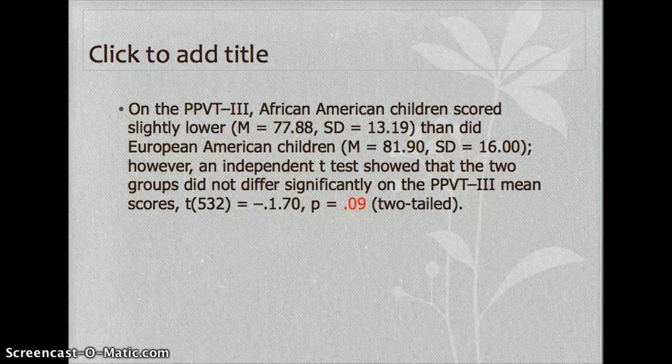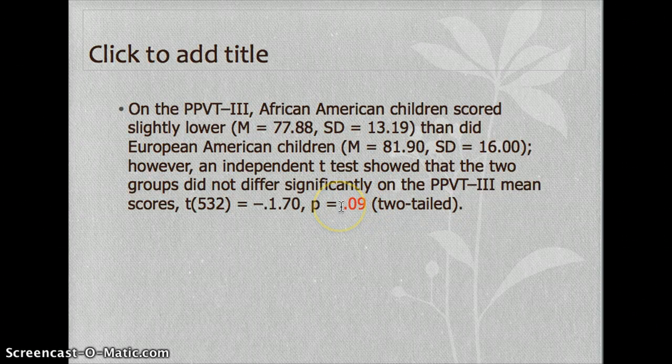So we are going to accept the null hypothesis because we are going to say that there is no difference between the 2 groups. So the means show us that they're slightly different, but they're not statistically significantly different. Okay, so this p-value is telling us the probability that we're committing a type 1 error.